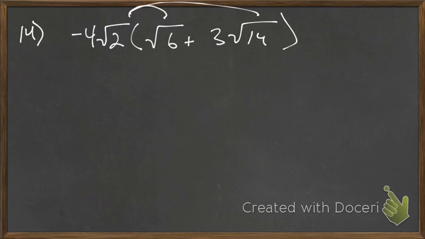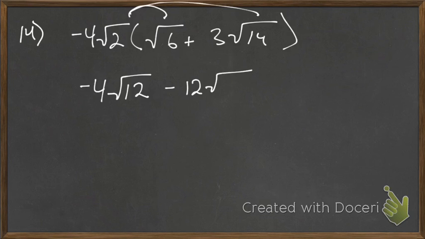Negative 4 square roots of 2 by square root of 6 gives negative 4 square roots of 12. Then negative 4 square roots of 2 by 3 square roots of 14 gives negative 12 square roots of 28. So that's where I'm at after the distributive property.